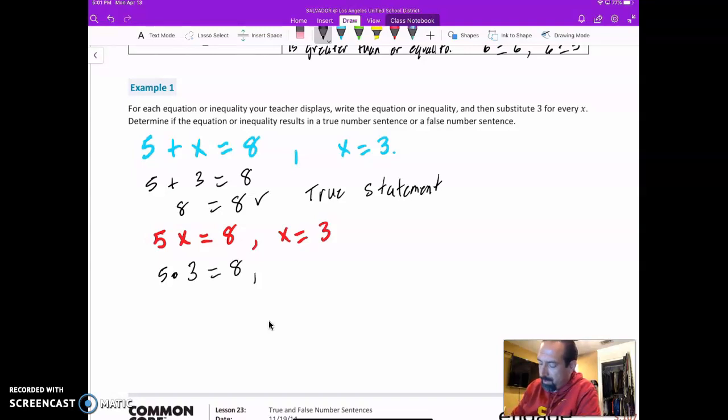Is this going to be a true statement or a false statement? Well, now, let's see. 5 times 3 is 15. Is 15 equal to 8? We will say this is a false statement, right?